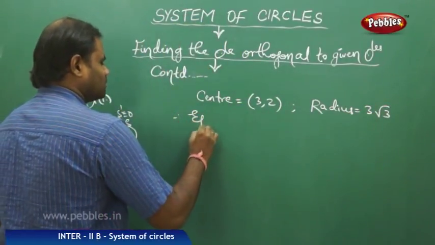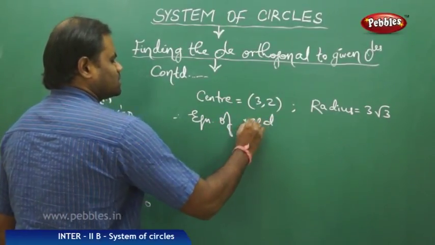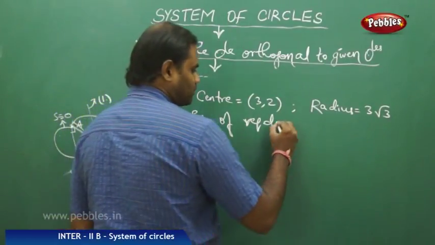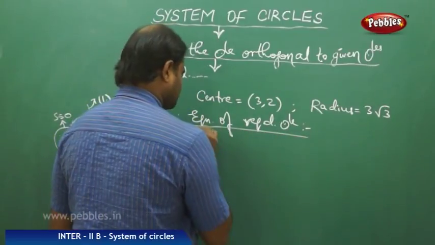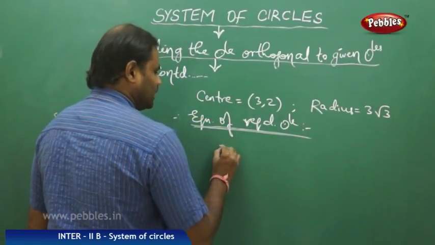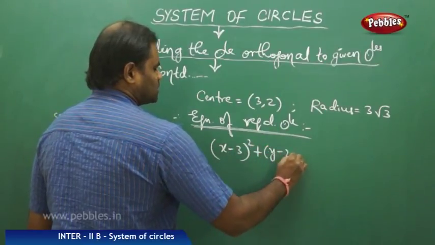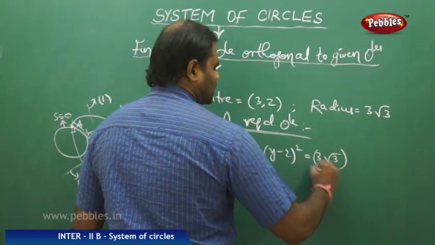Therefore, the equation of the circle which is orthogonal to all the 3 given circles, that is, the equation of the required circle, is given by x minus 3 whole square plus y minus 2 whole square equals r square.